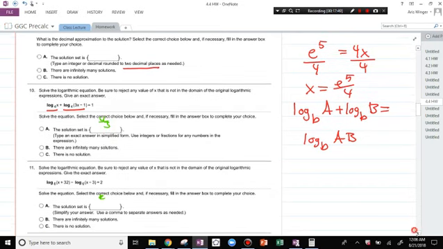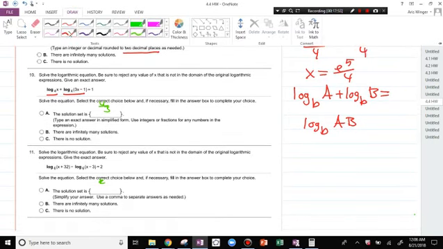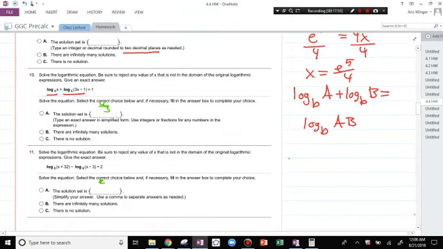This one references one of the other rules we talked about, and it is the division rule, that when you have log base b of a minus log base b of b, this is equal to log base b of a over b.